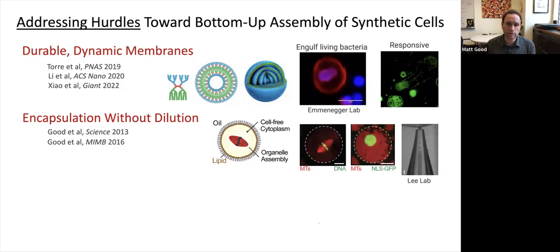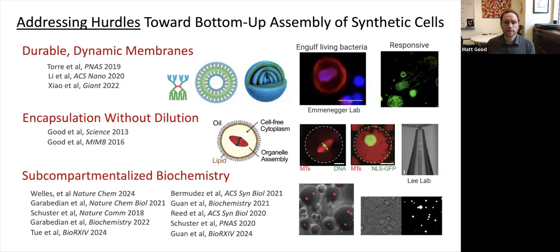And then we've been working with Dae-Yoon Lee's lab at Penn to use double emulsions to create these compartments as well. And then, of course, to carry out reactions selectively, to really build cell functionality, we need to be able to subcompartmentalize encapsulated components. And this is really what I'm going to focus today's talk on.